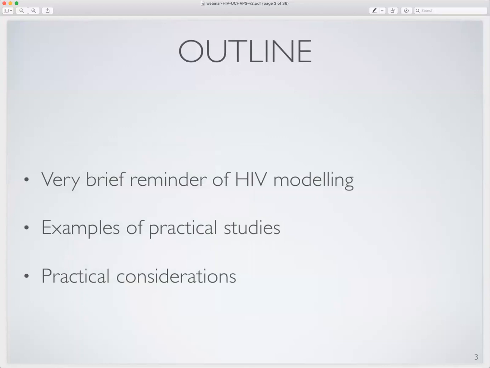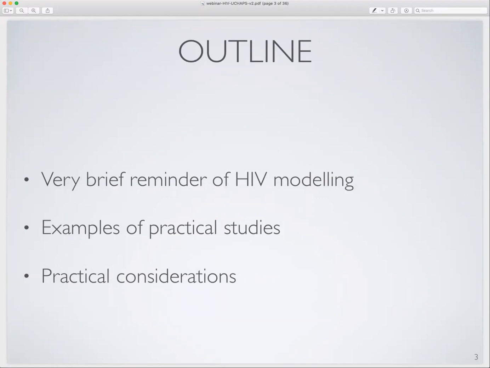This webinar is split in 3 main sections to address these goals. Some of you may or may not have already attended the first webinar, which covered mathematical modeling in more detail. So I'm going to very quickly remind you of key concepts about mathematical models. Then we are going to look at 3 practical examples of HIV modeling studies that were published.